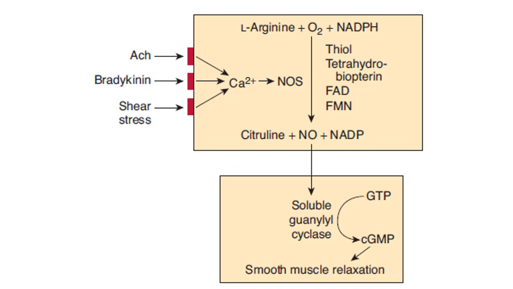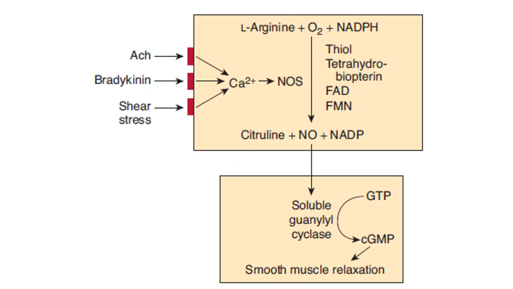Nitric oxide synthase can produce nitric oxide from L-arginine and oxygen. As you can see in this figure, L-arginine and oxygen, by nitric oxide synthase and other factors such as FAD and FMN, could produce nitric oxide.